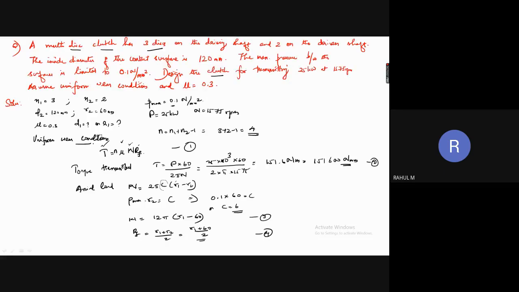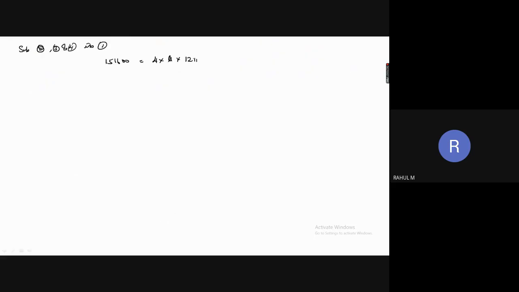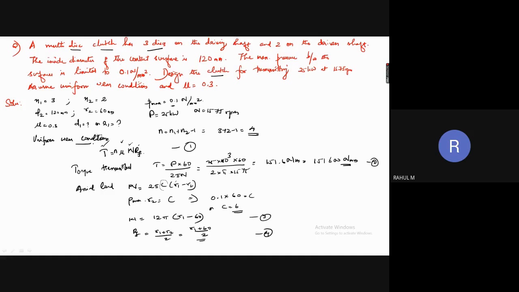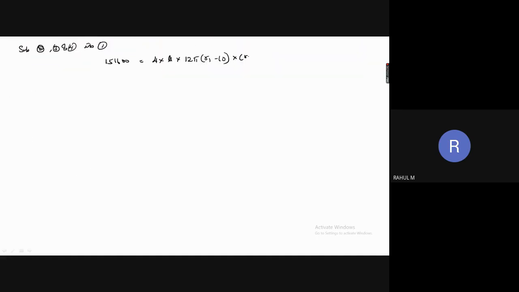So that is equal to 4 into mu into W value we have found out, 12 pi into R1 minus 60, into R1 plus 60 divided by 2. Cancel this one. This becomes 2 times. So this becomes 2 mu into 12 pi into R1 square minus 60 square, which is equal to 151600.